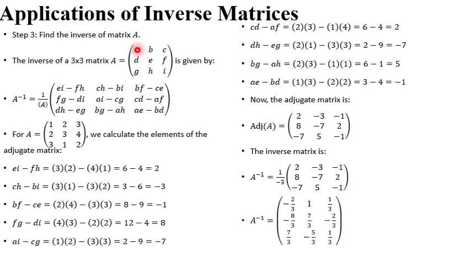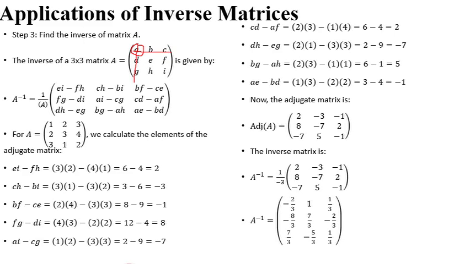What you do is take the first element in the first row and first column, and cover the elements relative to that row and column.